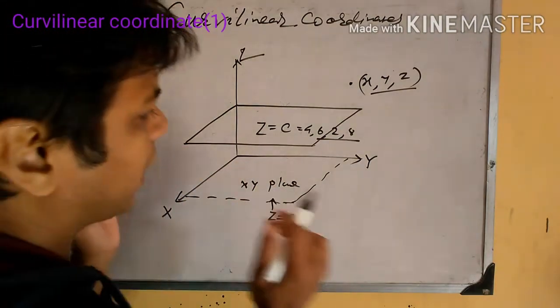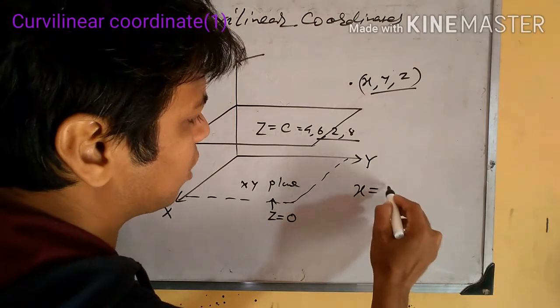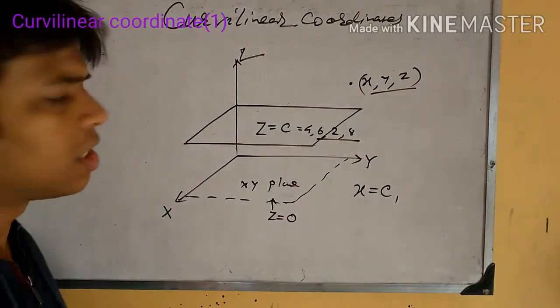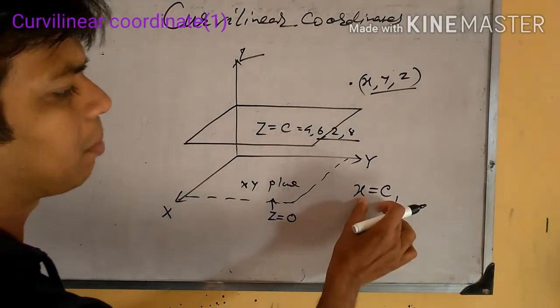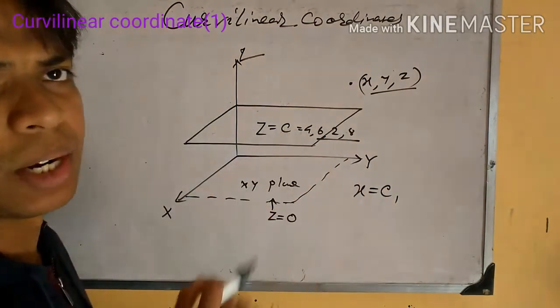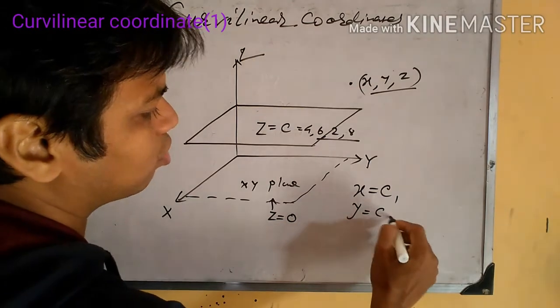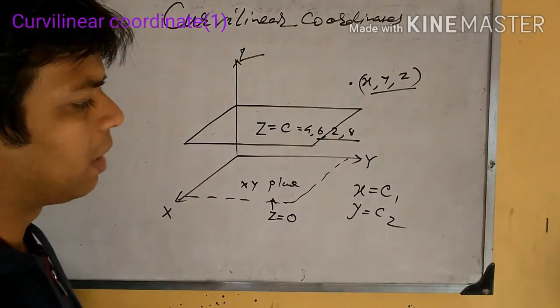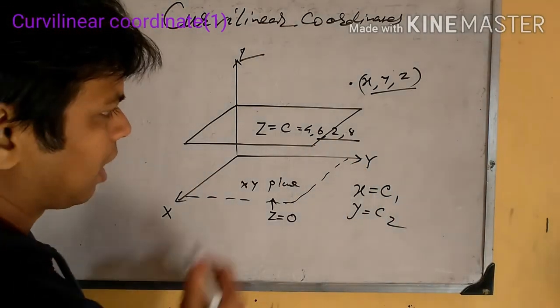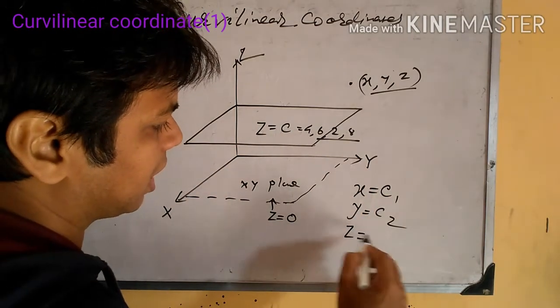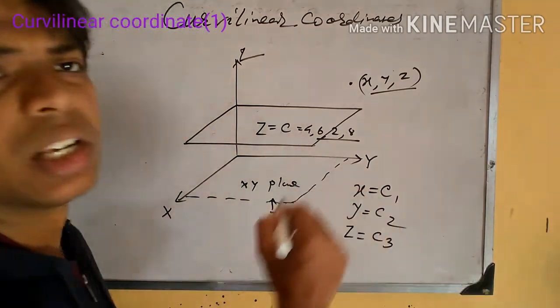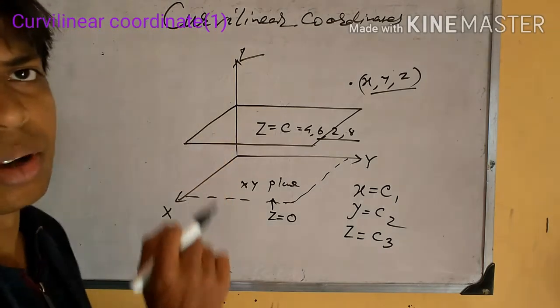Similarly, x equals a constant c1 gives a plane parallel to the yz plane. Similarly, y equals c2 gives a plane parallel to the xz plane. And we have already seen that z equals c3 is a plane parallel to the xy plane.